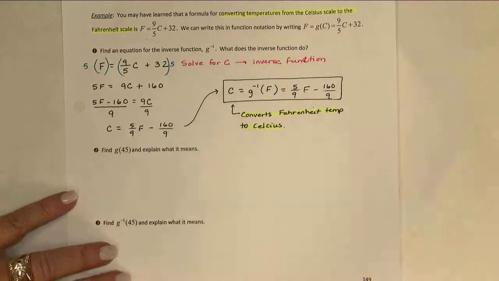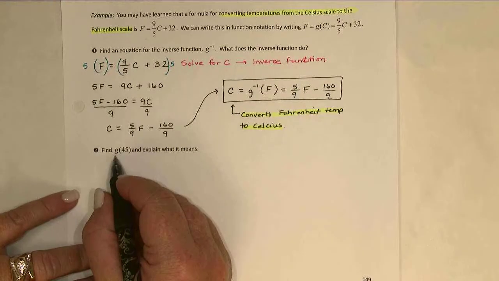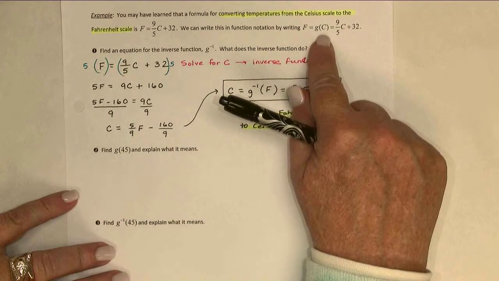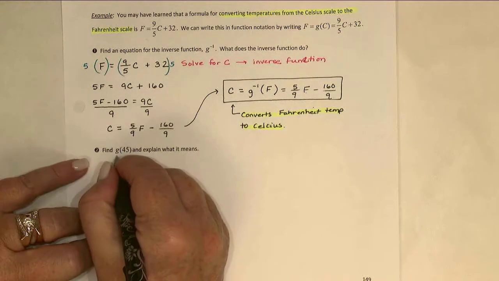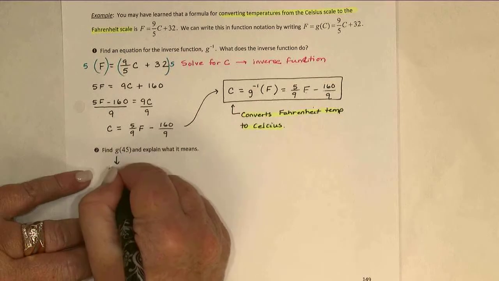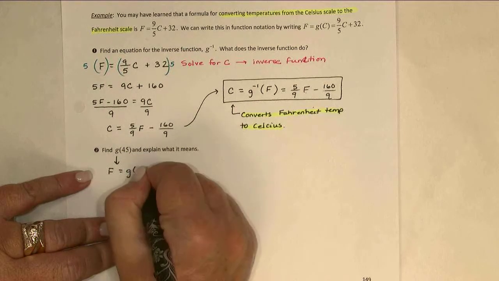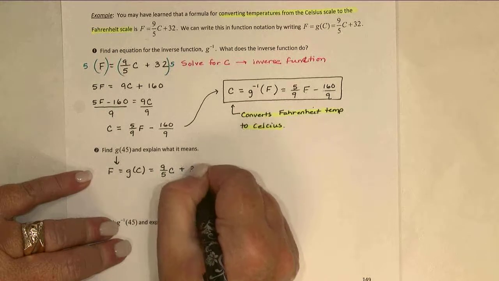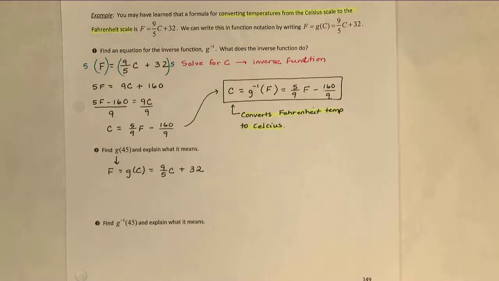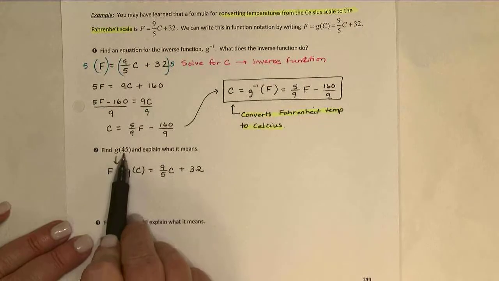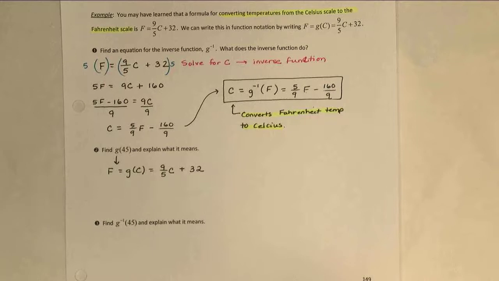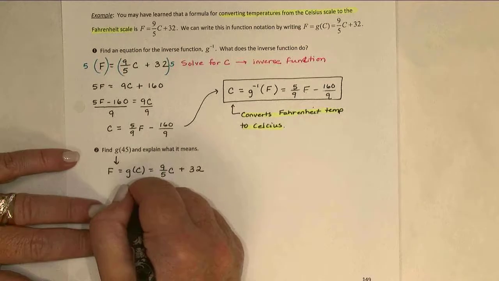All right, the second part of this says find g of 45 and explain what it means. So g was the original. I'm just going to write out that statement of the original function in function notation. The input for the original function was a Celsius temperature. So I really am plugging in 45 in place of the c.